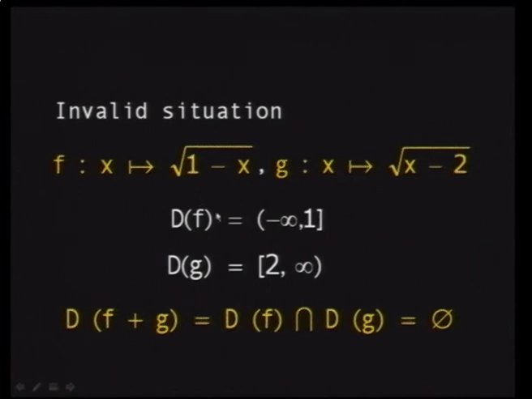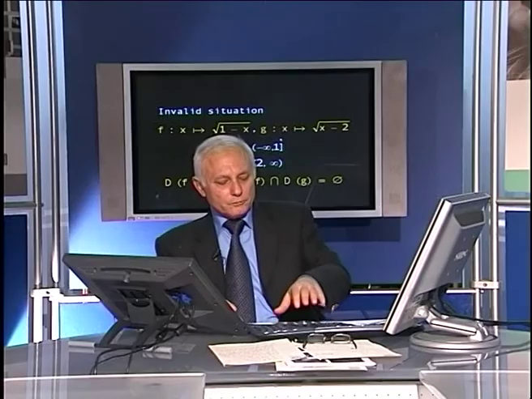So the domain of f is the closed interval from minus infinity to 1, whereas the domain of g is the closed interval from 2 to infinity. Do these domains intersect? Of course, the intersection is void. And therefore, we say that this function does not exist, because there is no single x which can work for both functions, whether you add them, subtract them, divide them, etc.